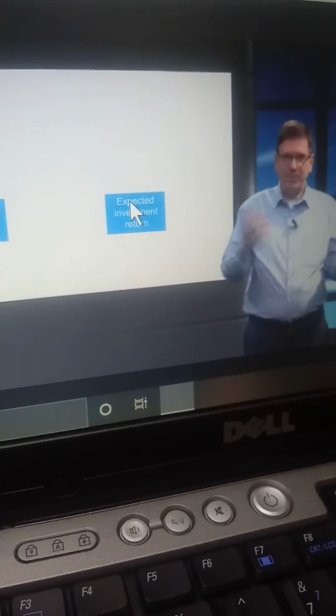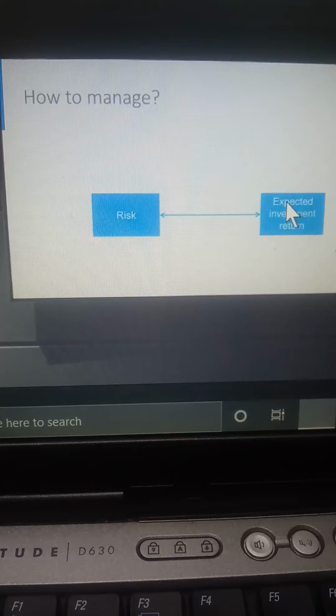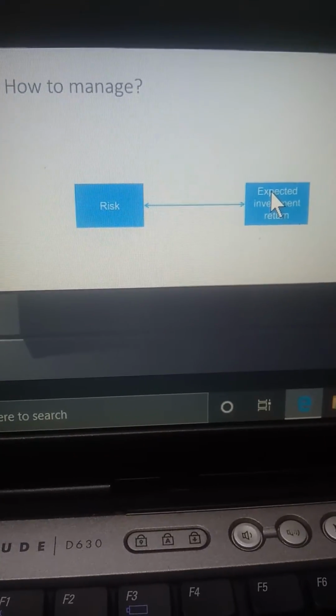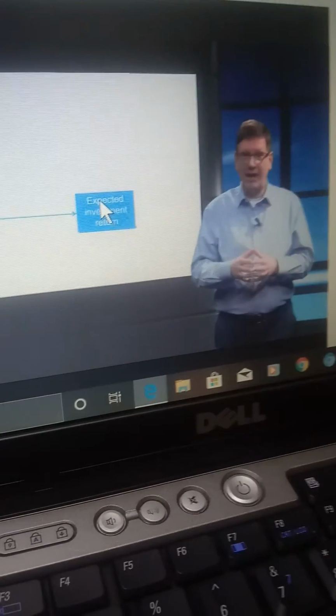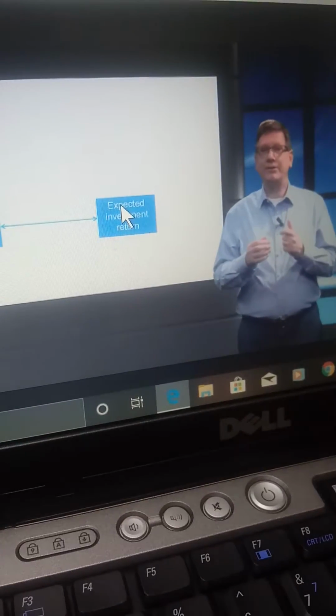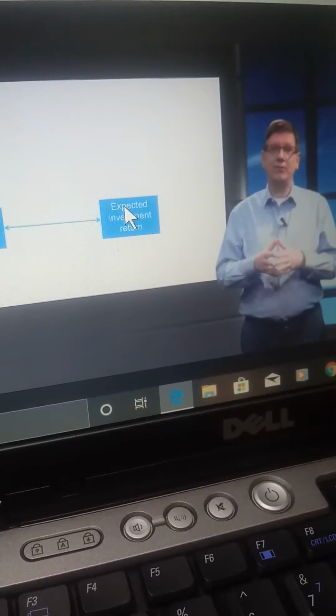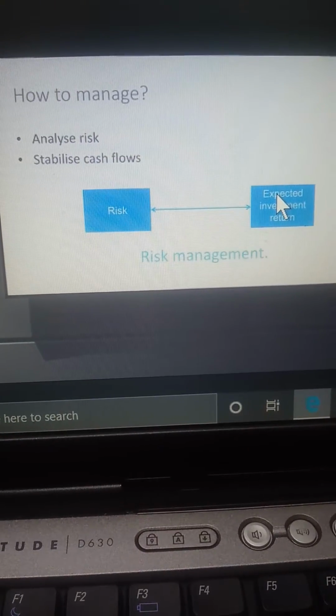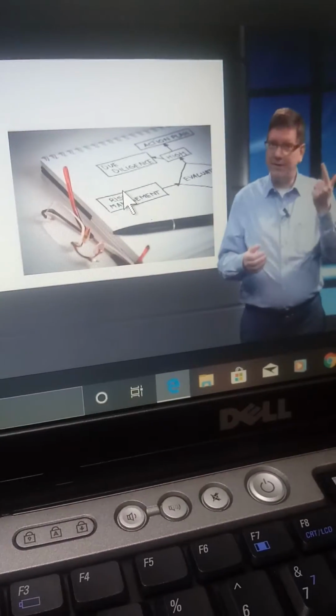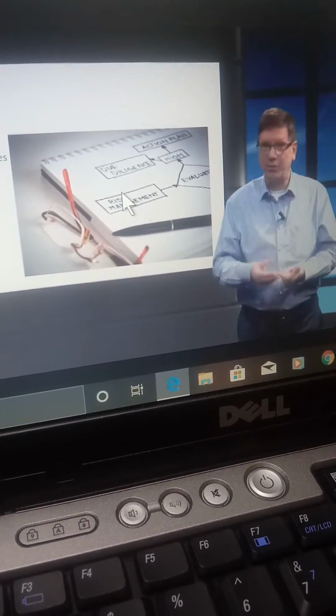This interplay between risk and expected investment return demonstrates that it is crucial in project management to do everything you can to analyze the risks and stabilize the cash flows. We do that through risk management. That is, anticipating risks and putting in place mitigating measures whenever that's possible.